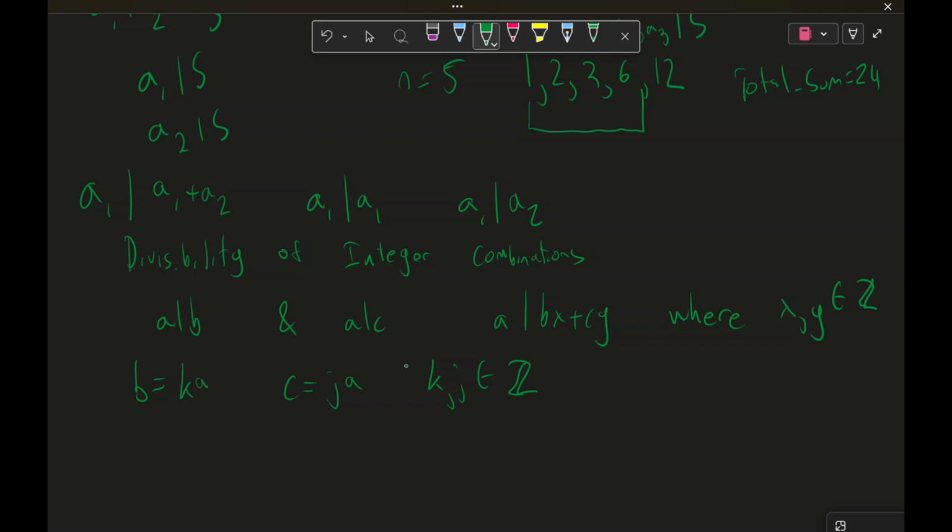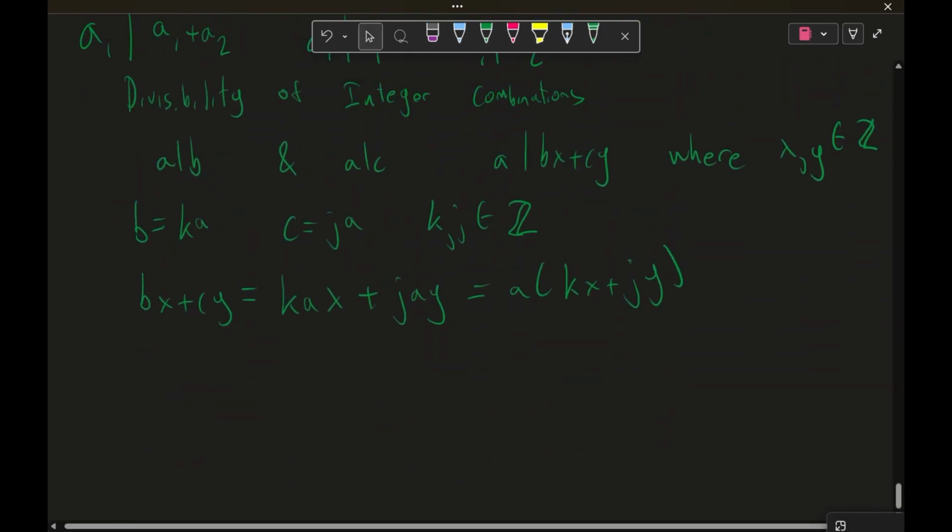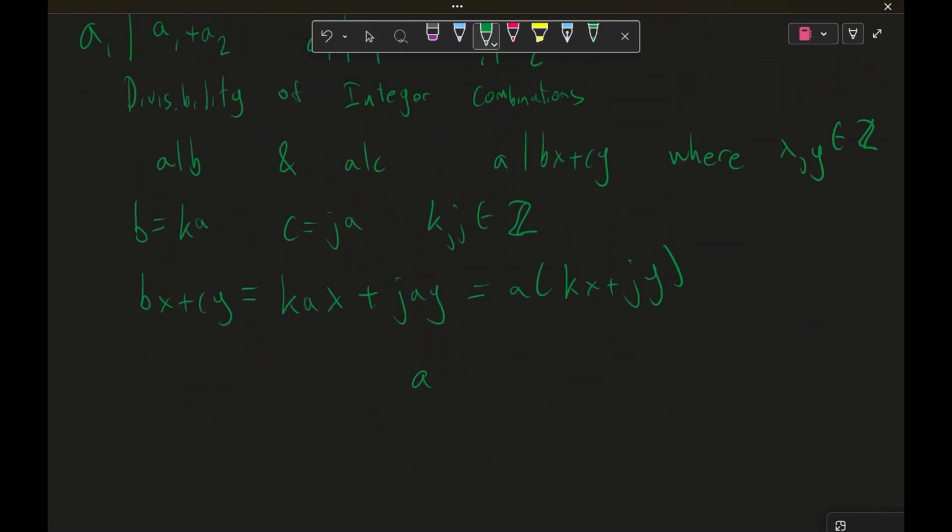This is by the definition of divisibility. And now Bx plus Cy is equal to kA times x plus jA times y by substitution. Now we can factor out an A. This is equal to A times (kx plus jy). Thus, by the definition of divisibility, we get A divides Bx plus Cy. So that's the proof for this.